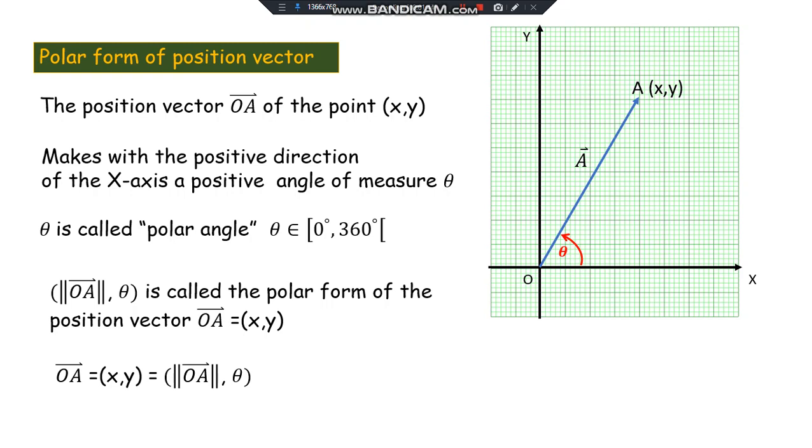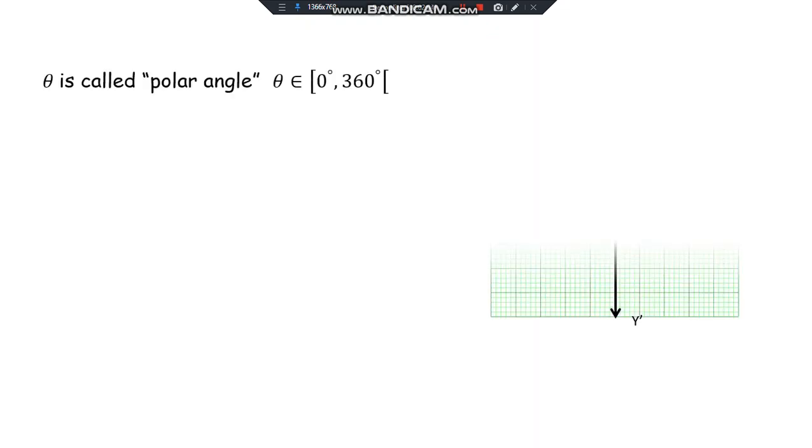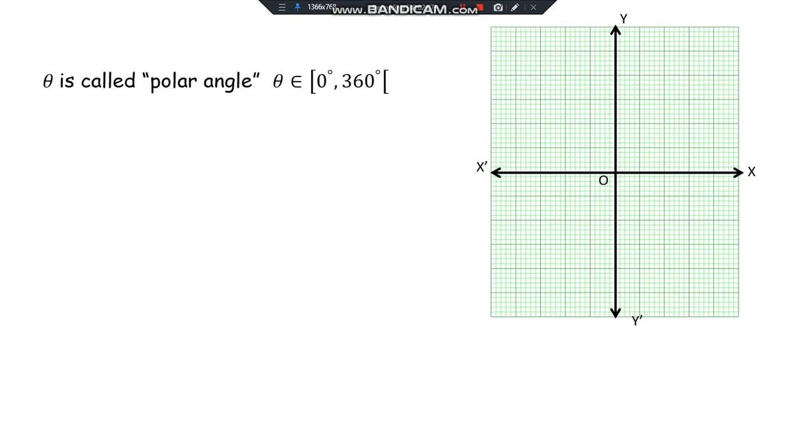can write it in a new form, which is called the polar form, by using the norm and the measure of the angle which you make with the positive direction of x-axis. So we can write it as the norm of OA and the angle theta. So theta is called the polar angle, as we said before, and theta belongs to 0 closed and 360 open.